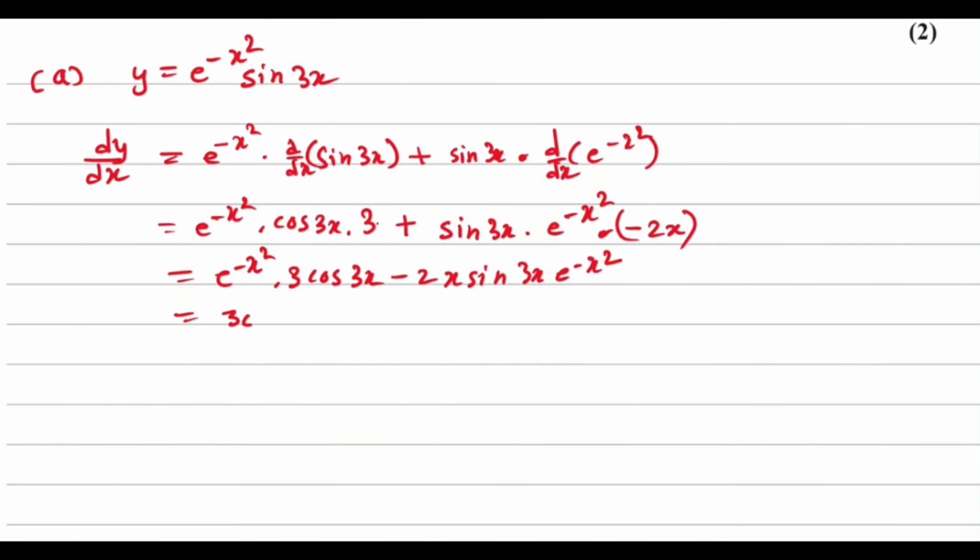Again, after simplifying, we get minus 2x sine 3x e to the power of minus x square. So this is the answer to the differentiation.